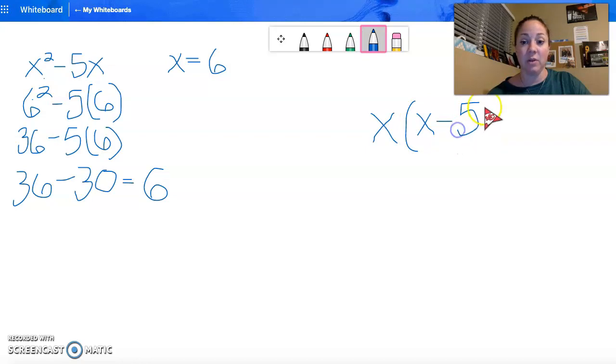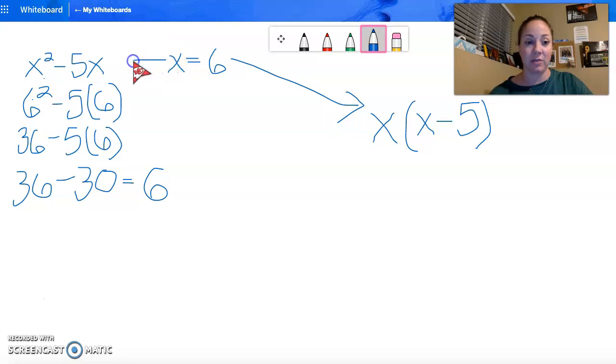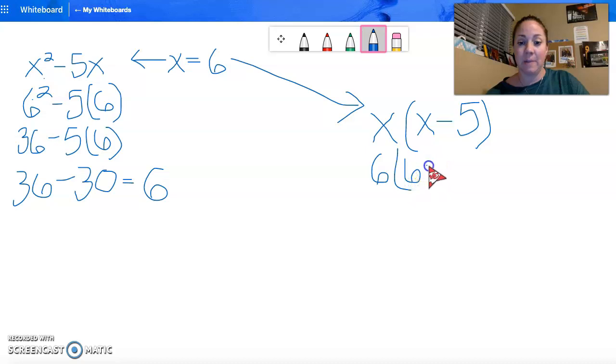And I do hope you munchkins are getting this in your notes. All right, and once again, we're going to replace our x with 6, just like we did on our first expression. Okay, so we have 6, and then inside the parentheses, we have 6 minus 5.